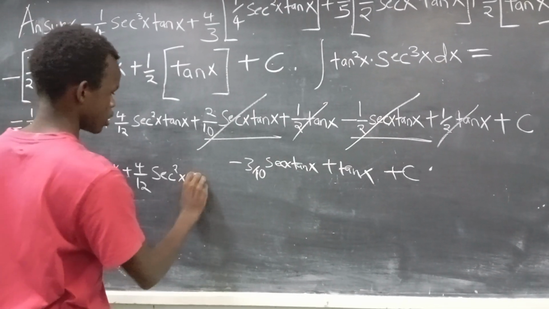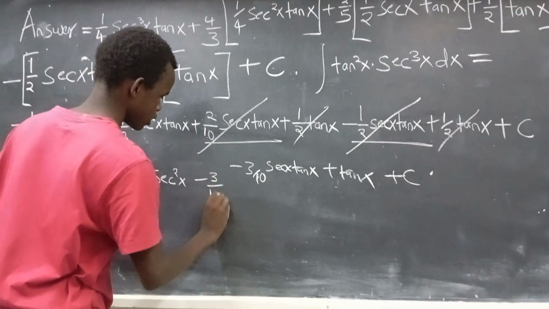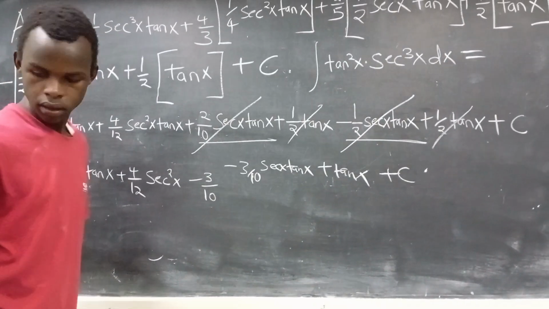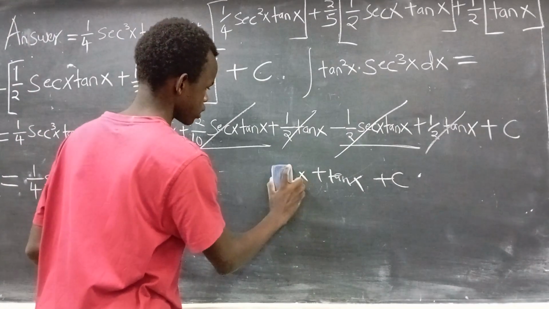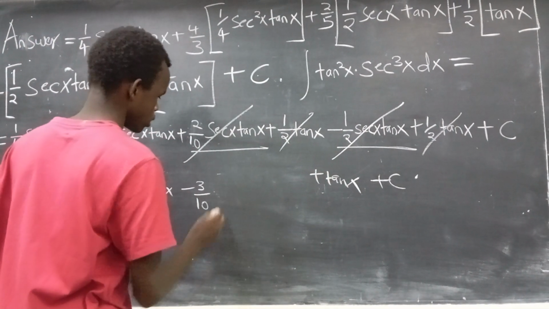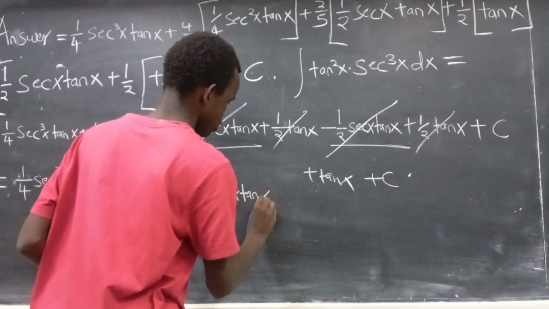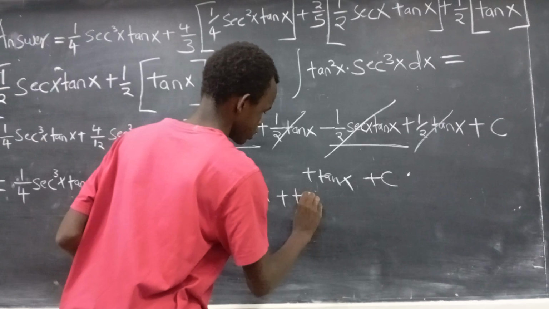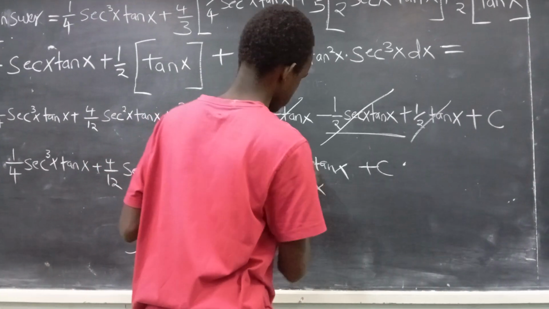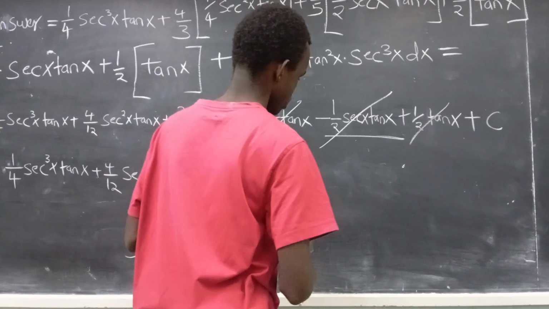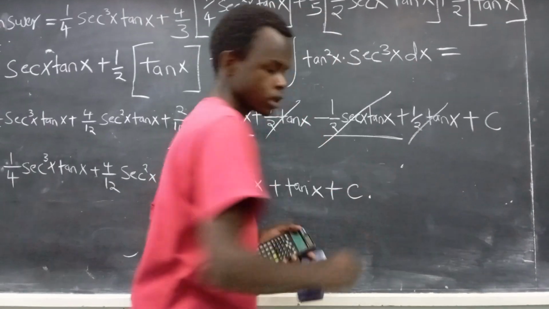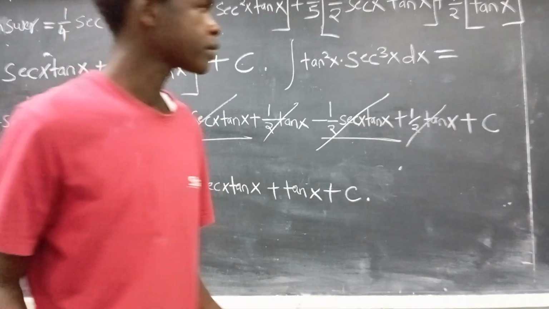Now it will be minus 3 over 10 secant of x tangent of x plus tangent of x plus a constant c. So this is our final answer for that.